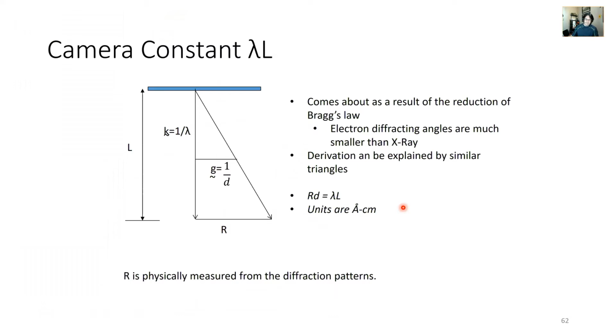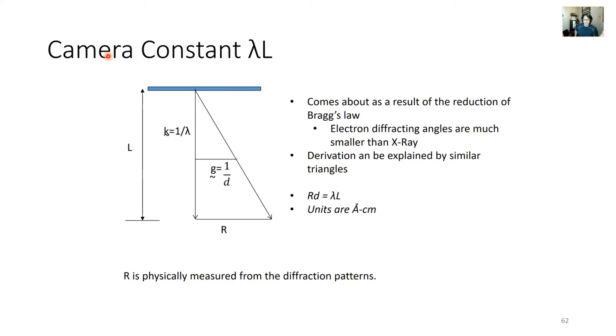The fact that a TEM is pretty much a projection system is the basis for this concept called camera constant. Understanding the camera constant for your instrument is extremely important because it allows you to interpret diffraction patterns.